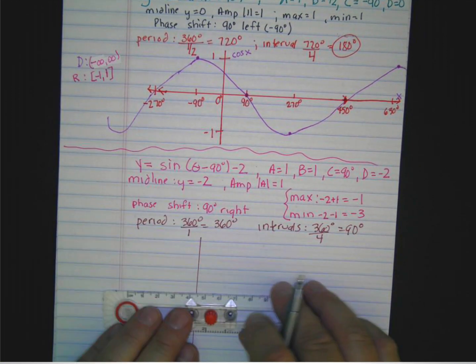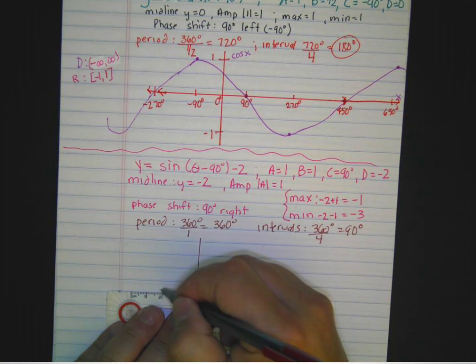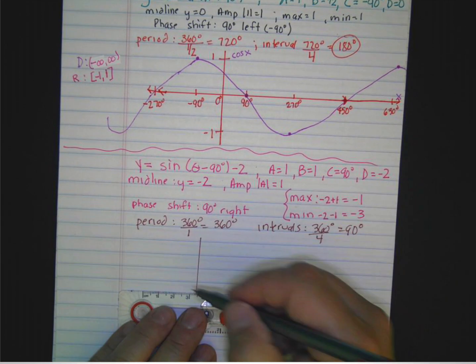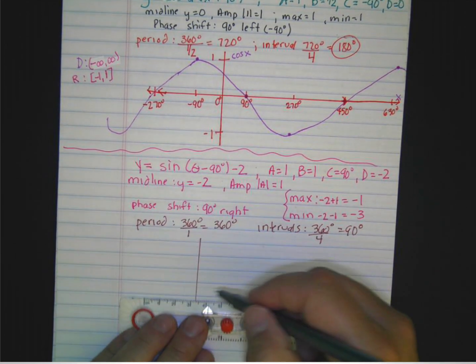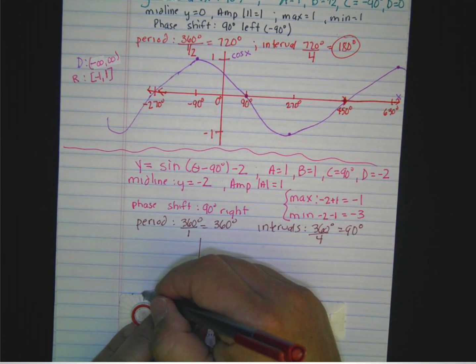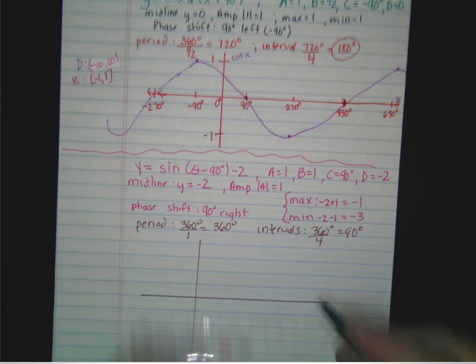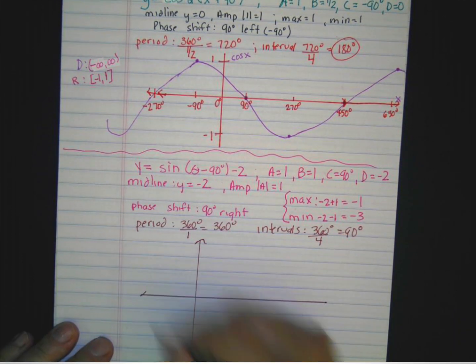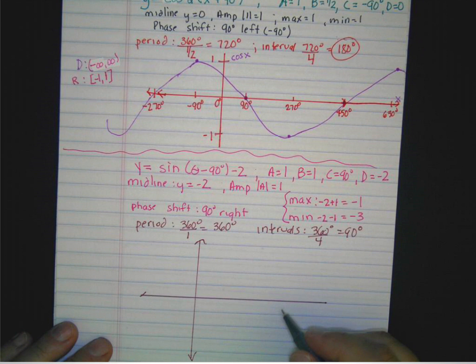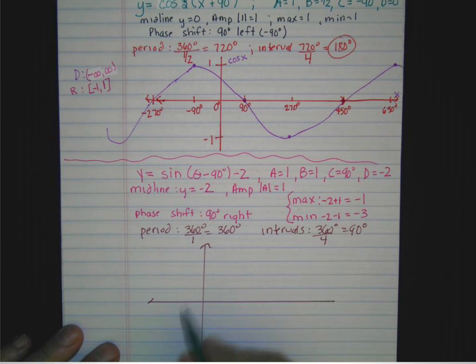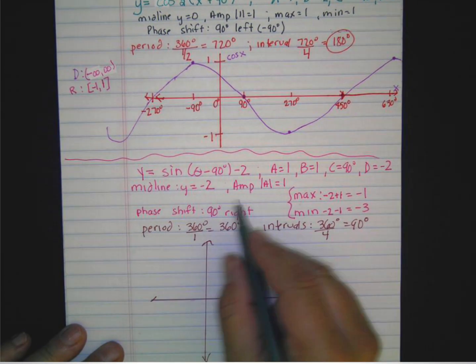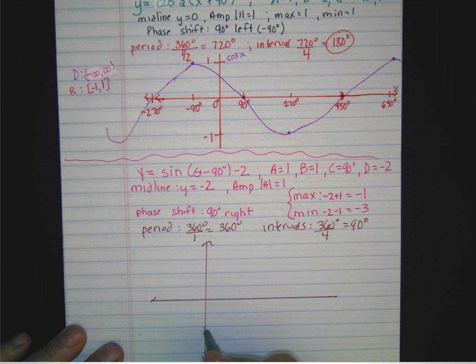That wasn't a very straight line. Oh well, deal with it. All right, so let's see. Here's the deal. This was our old midline. Our new midline is y equals negative 2, so that's coming down here.